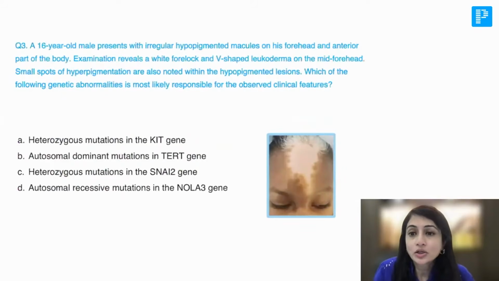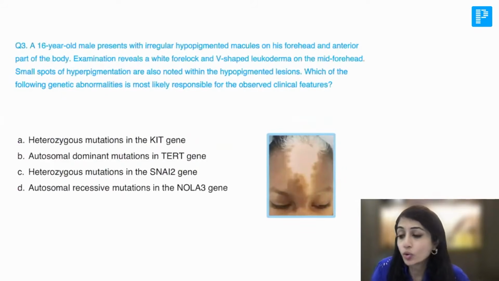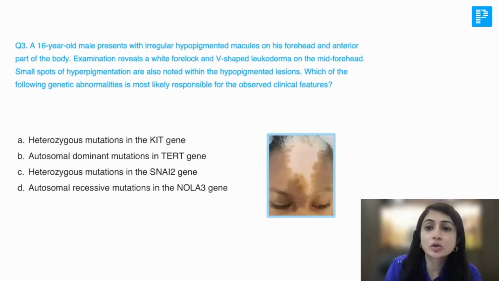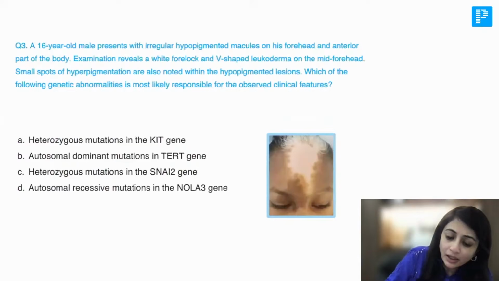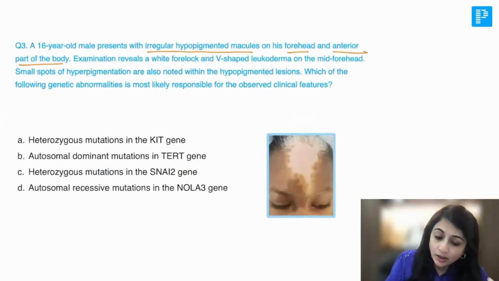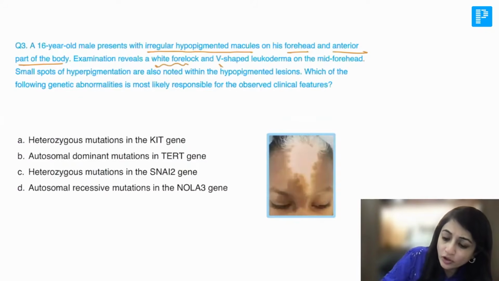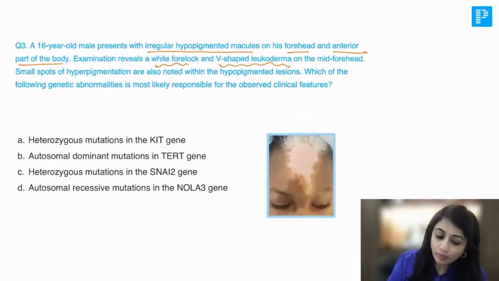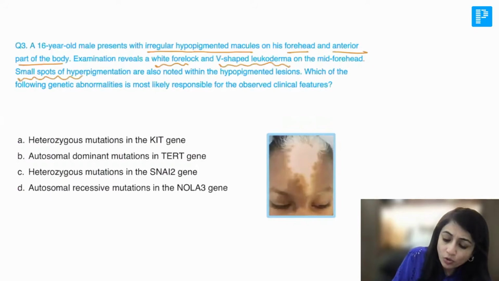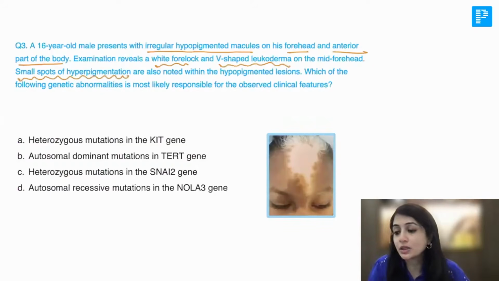Since I said that we'll be talking about this, what is this condition that I've given you and what is the answer here? A 16-year-old male presenting with irregular hypopigmented macule on forehead, anterior part of the body. You see a white forelock, you see V-shaped leukoderma on the mid-forehead, you see small spots of hyperpigmentation within the depigmented lesion.